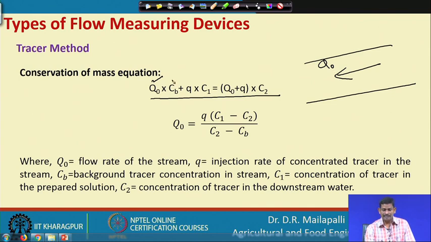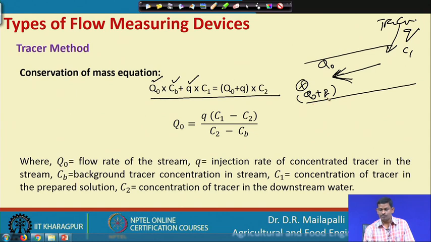Cb is the initial concentration of the tracer in the flow, and small q is the rate of injection of the tracer, with concentration C1. At the measuring point, the total flow rate is Q naught plus q, and the concentration is, let us say, C2.